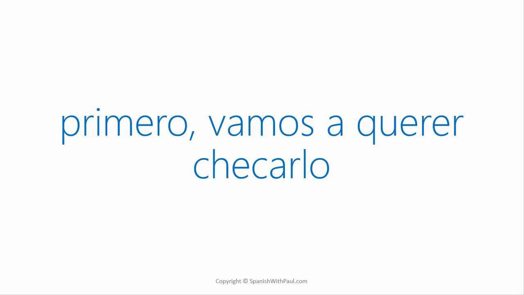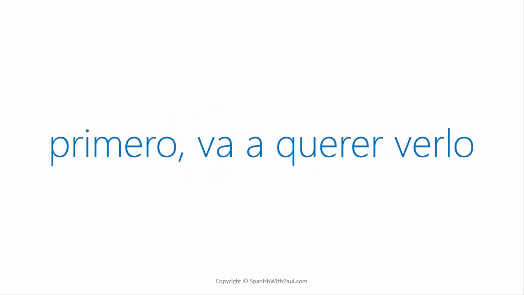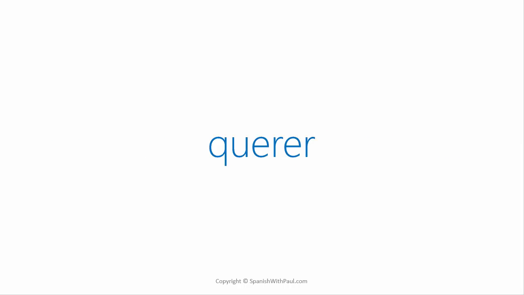Primero, vamos a querer checarlo. First of all, he's going to want to see it. Primero, va a querer verlo. So these are examples of how we would use the full verb to want, which is querer.